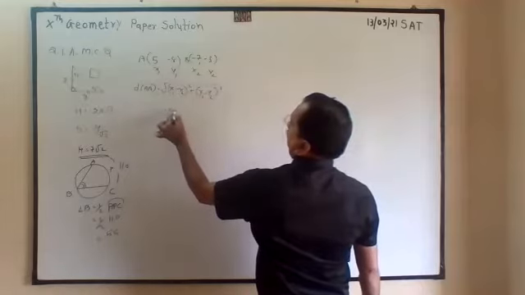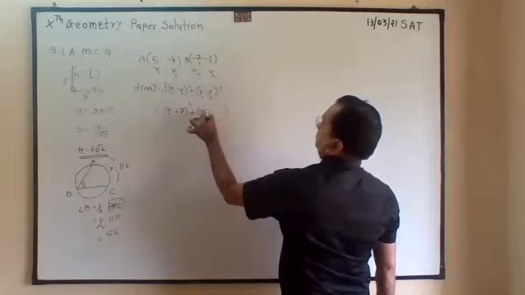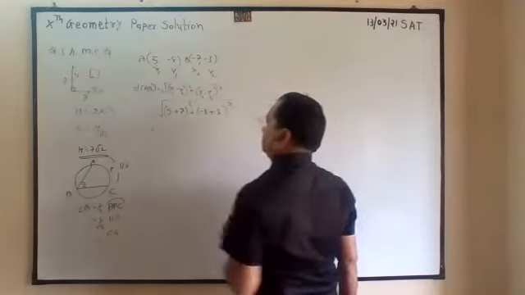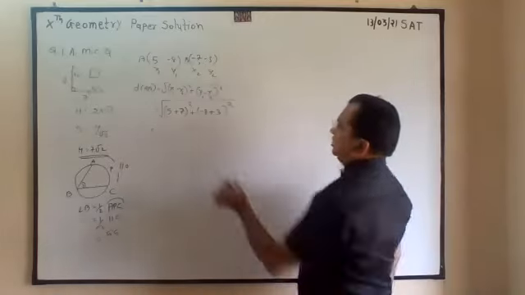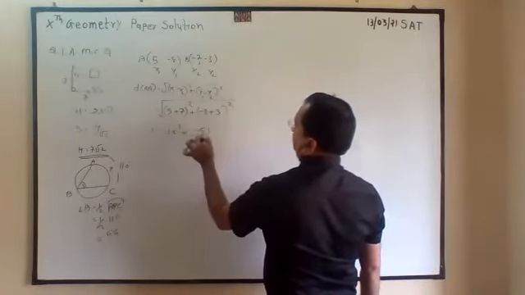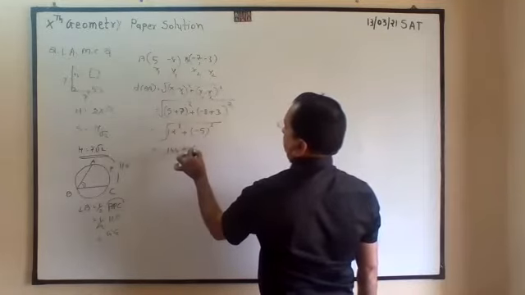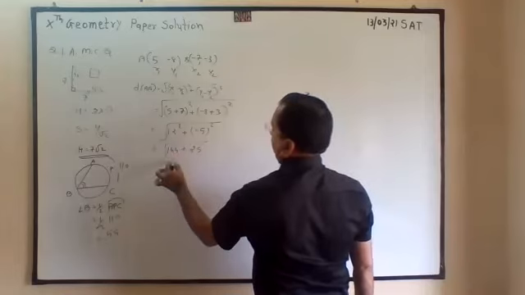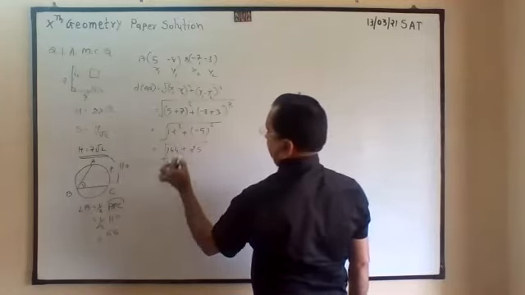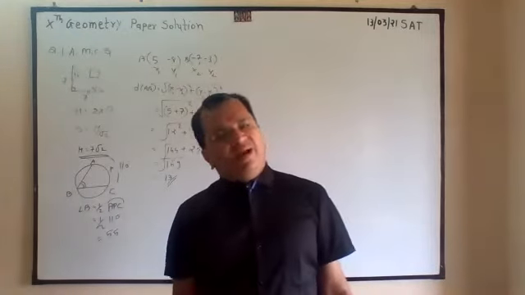So 5 minus minus 7, minus 8 minus, so it is 12 square plus minus 5 square. So 144 plus 25 is 169, square root is 13. It is a side length, so you can't write plus and minus because length cannot be negative.